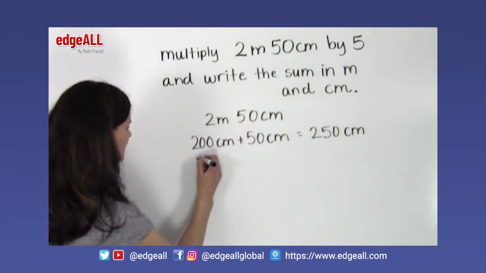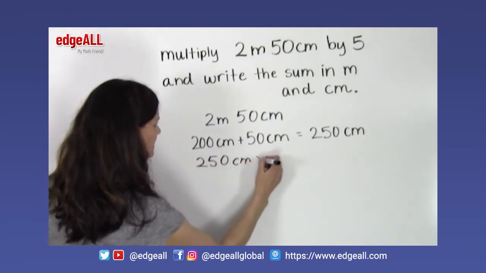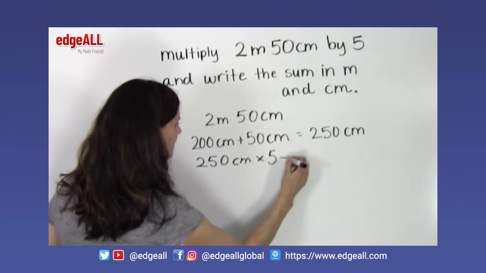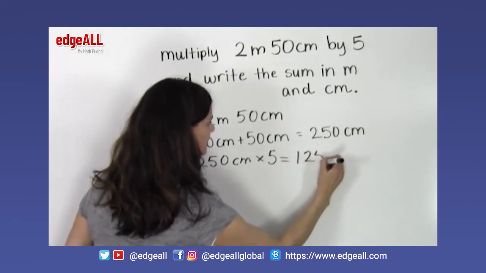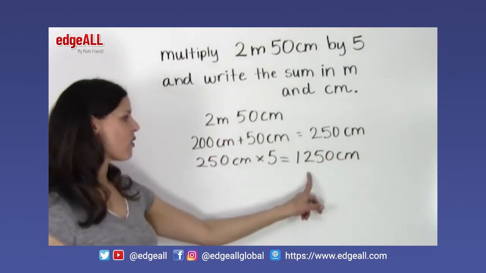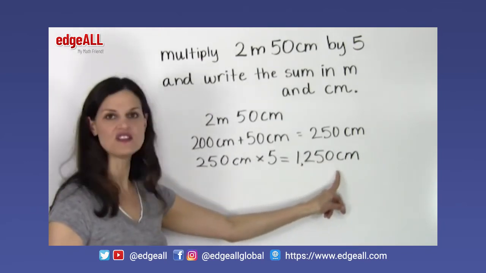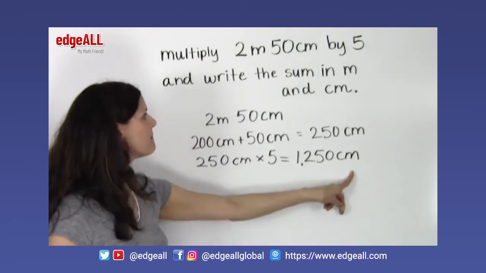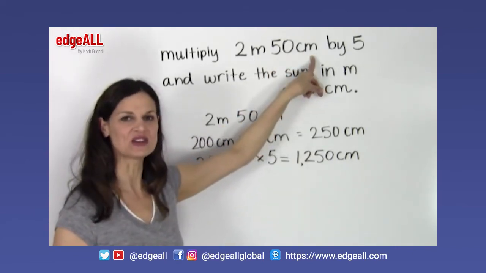So I take 250 centimeters times 5, which equals 1,250 centimeters. But now I want to convert this 1,250 centimeters back to meters combined with centimeters.